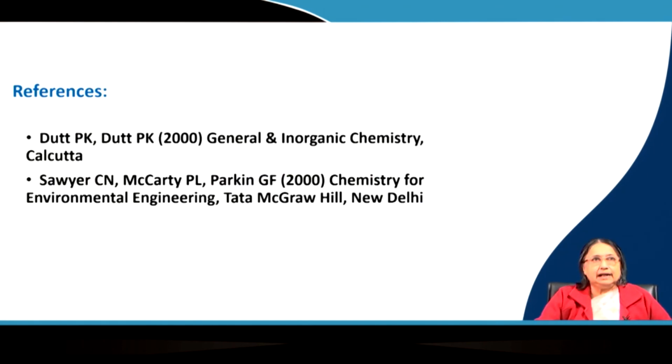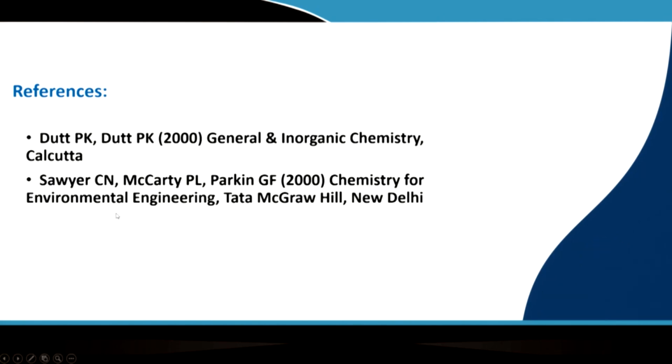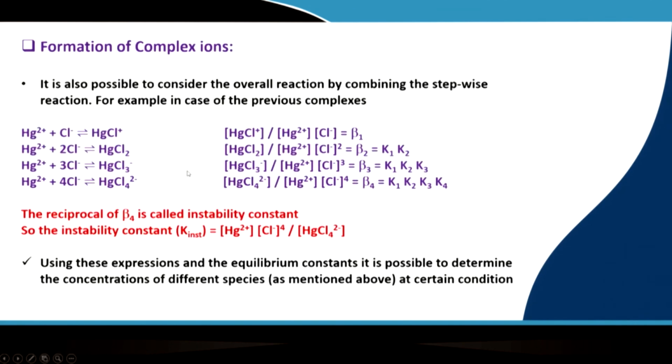Now, these are the references, and in the Swayam particularly this mercury chloride species formation reference is there, and there is one example also shown. As I told in the previous slide, using these expressions and equilibrium constant values, you can determine the different species. There is a very nice example there. You can solve it by yourself, because you know the concept now.